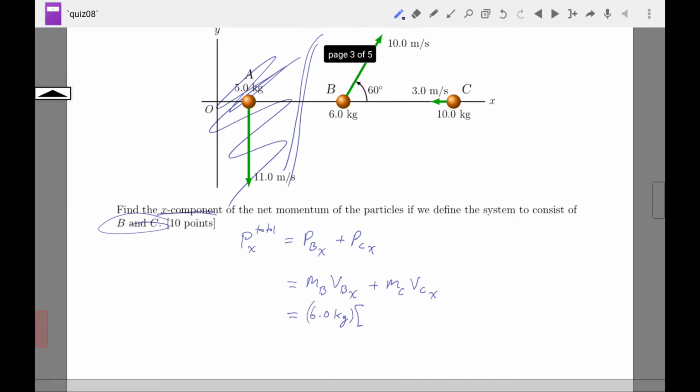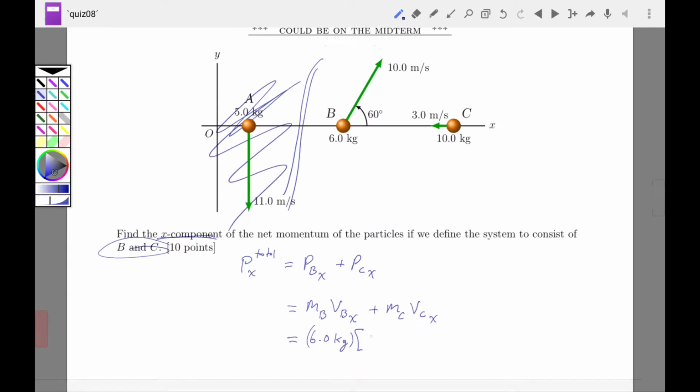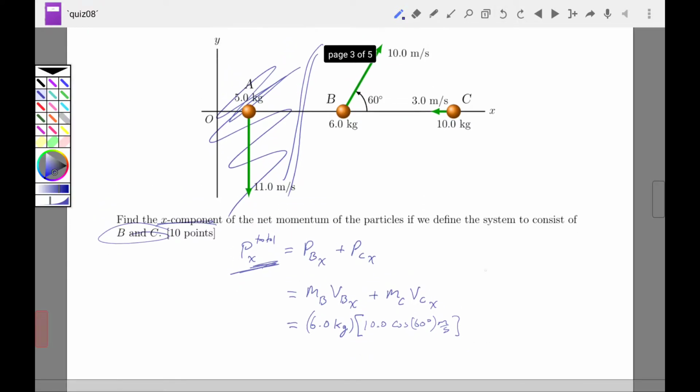And the velocity of B in the x direction will be 10.0 meters per second times cosine 60 degrees. Put the meters per second there. I hat. Well, no, I don't need the I hat. I'm not saying the vector, I'm just saying the component, so no unit vectors are needed there.